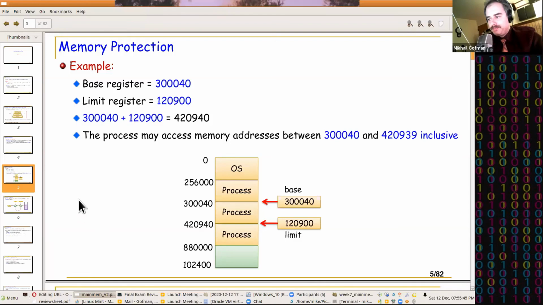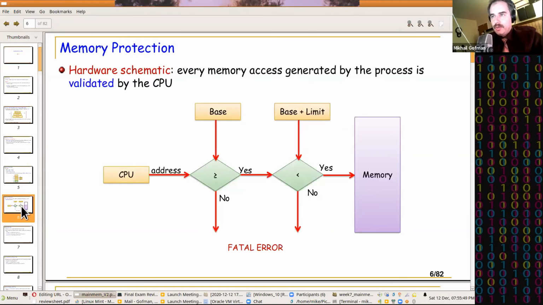All right, now let's take a look at the hardware which we will need in order to be able to implement this kind of a memory protection scheme. So a process will be executing on the CPU, and it'll be requesting to access addresses. The first thing we'll do is check to make sure that the requested address is greater than or equal to the base.